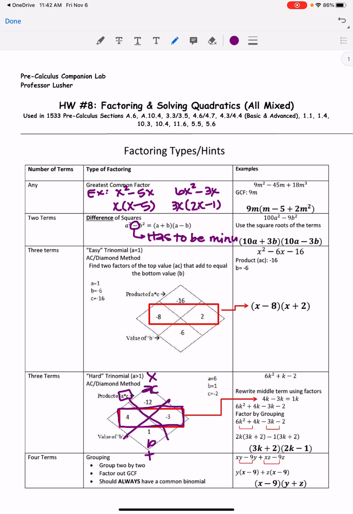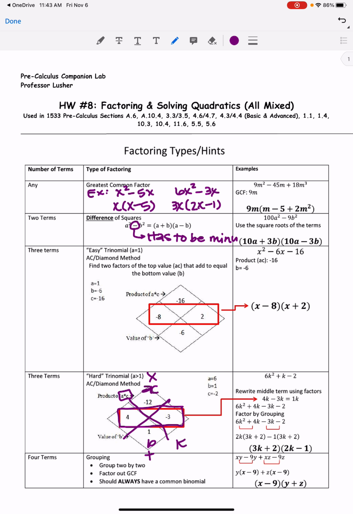Now this is where it becomes different. Instead of it just becoming k plus 4 and k minus 3, that doesn't work because right off the bat, k times k is k squared, and I need a 6k squared. So that's your first hint that that's not right.